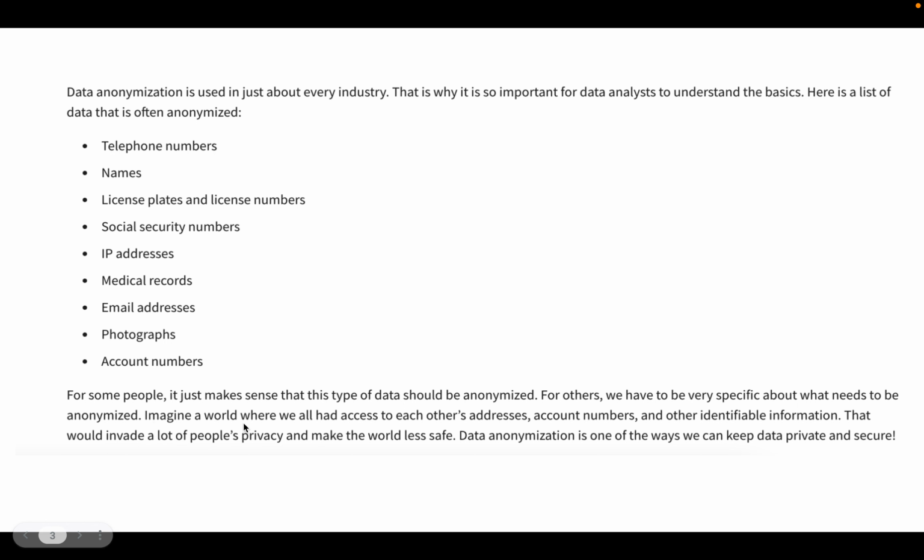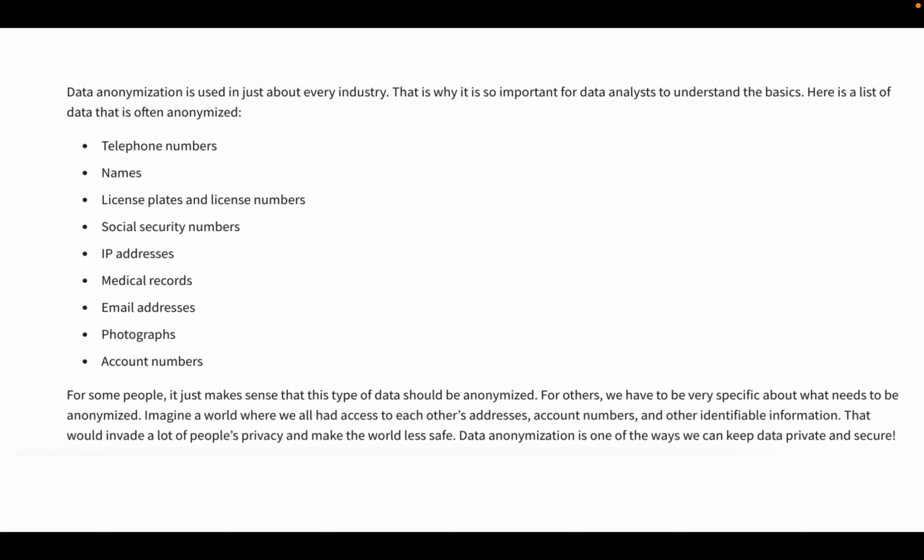Imagine a world where we all had access to each other's address, account numbers, and other identifiable information. That's pretty scary. Here it uses the word imagine, but you know what? In some totalitarian country, the government does that to its citizens, especially now during COVID-19.